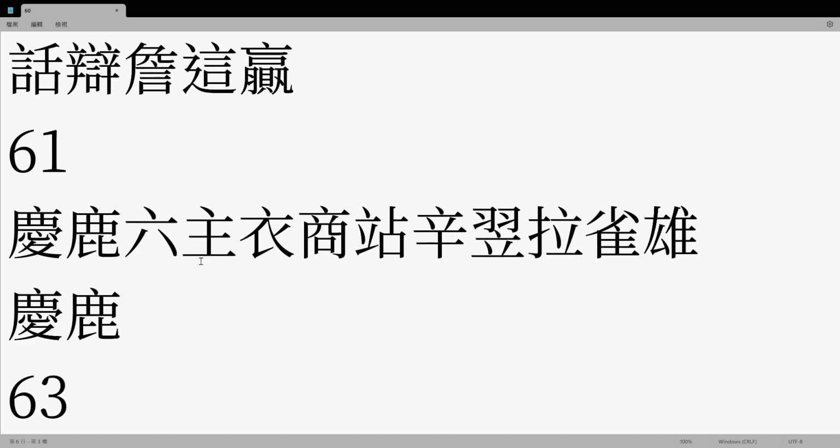Okay, the next 6 1 radical is right here. The upper part you can see dot 6 and 1 horizontal. This one also, this one also, and this one also. Okay, and I'll show you how to type this one. 6 1, 6 upper and 8 fundamental key, 8 middle, and space.